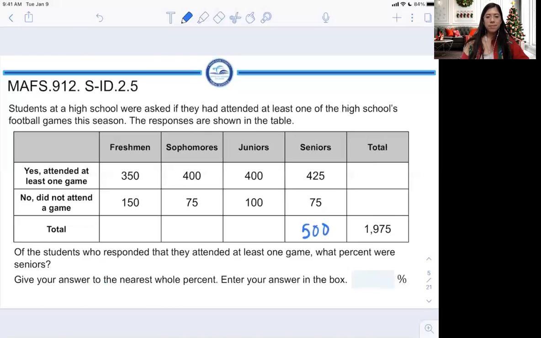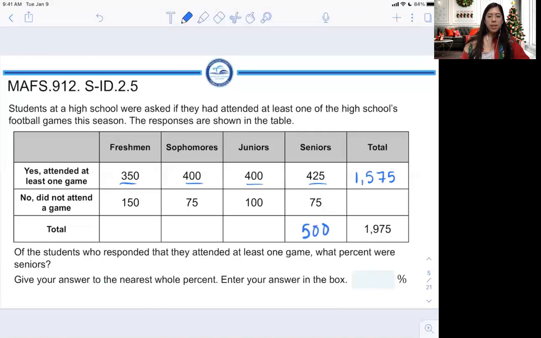What am I adding? 1,600. So you added 350 plus 400 plus 400 plus 425? Yeah, I kind of did it backward. I did 425 plus 400, 825. Oh, wait, no. 1,575. Never mind. I thought that was a 50, miss, for the seniors. That's what happens when I rush. That's okay.